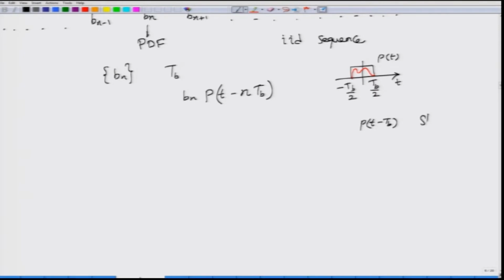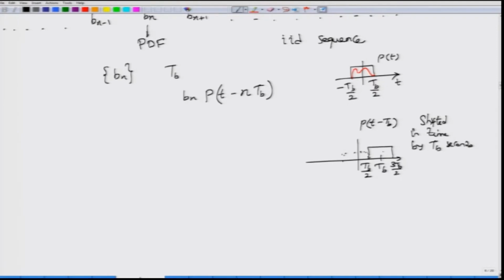This would be shifted in time by TB seconds, right. So, in the duration of minus TB by 2 to plus TB by 2 there is nothing, but from TB by 2 to 3 TB by 2 you actually get this pulse, right. So, this corresponds to a pulse which has been shifted by one time duration.